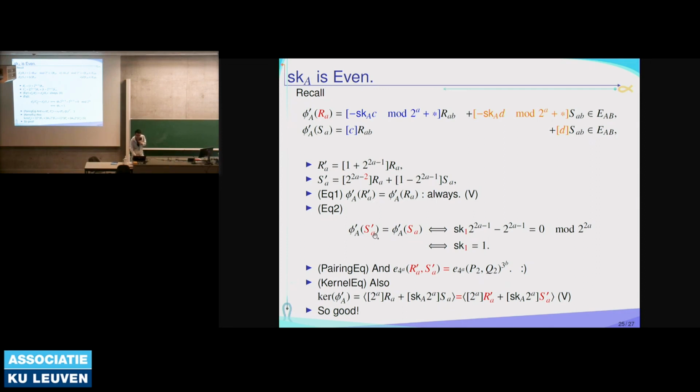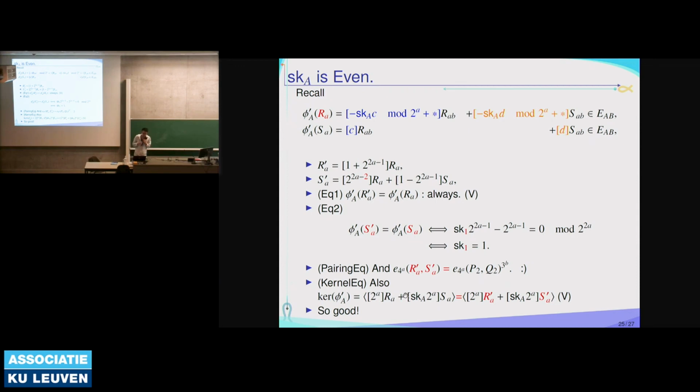And then the second equation will hold if and only if the second bit SK1 is 1. And we also check the pairing equation. If you calculate the determinant of this matrix, you will find the determinant is 1 modulo 2 to the 2a. And also the kernel is surprisingly the same as before.